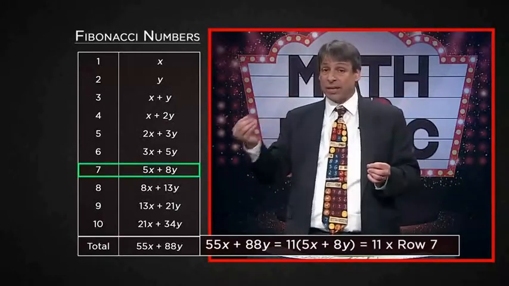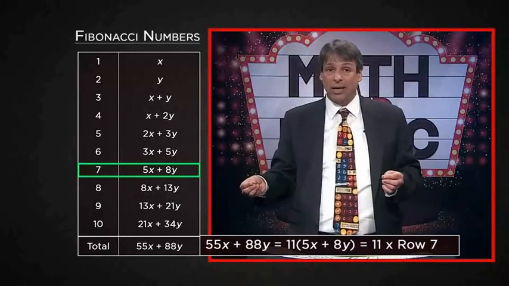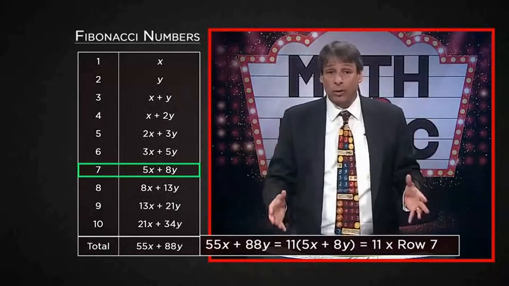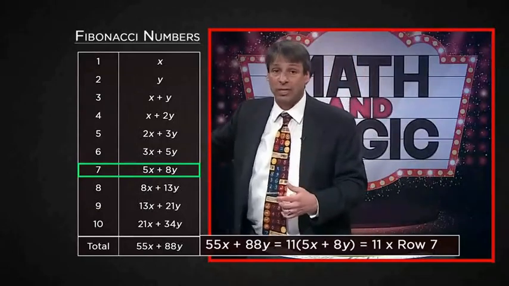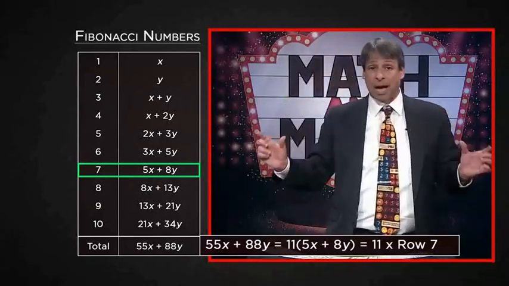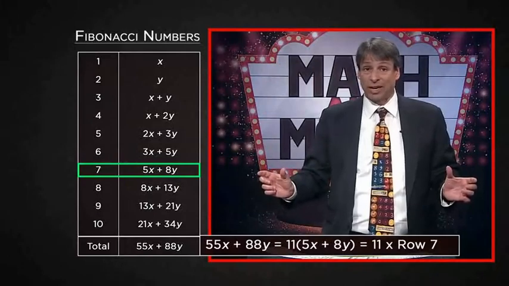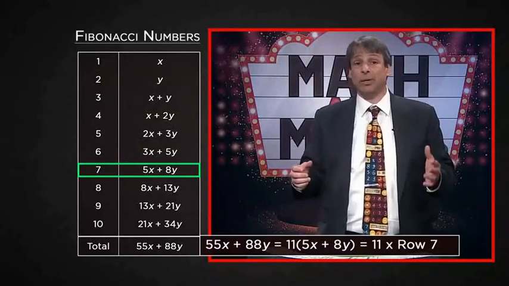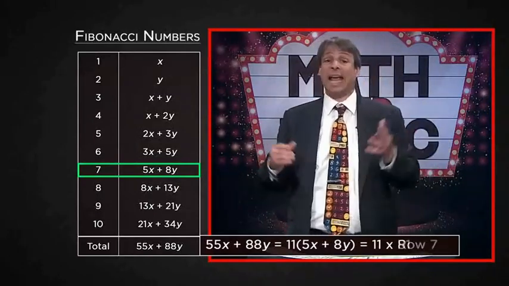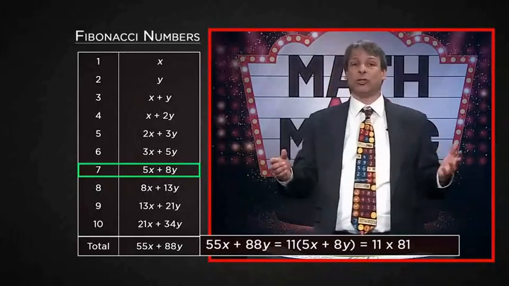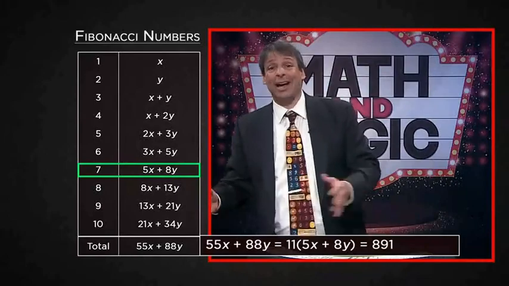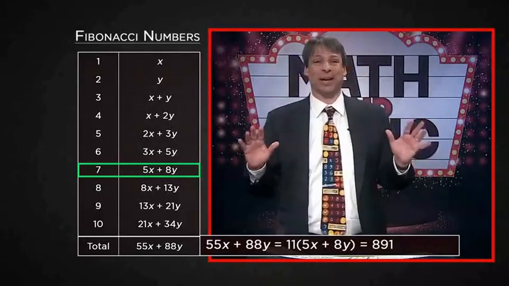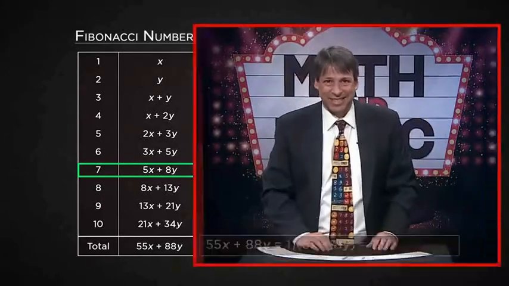So the way to add all those numbers quickly is as soon as I see the number in row 7, I just multiply it by 11. So for example, if the number in row 7 is 81, then the grand total is 891. Now I'll show you a quick way to multiply by 11 in the next lesson.